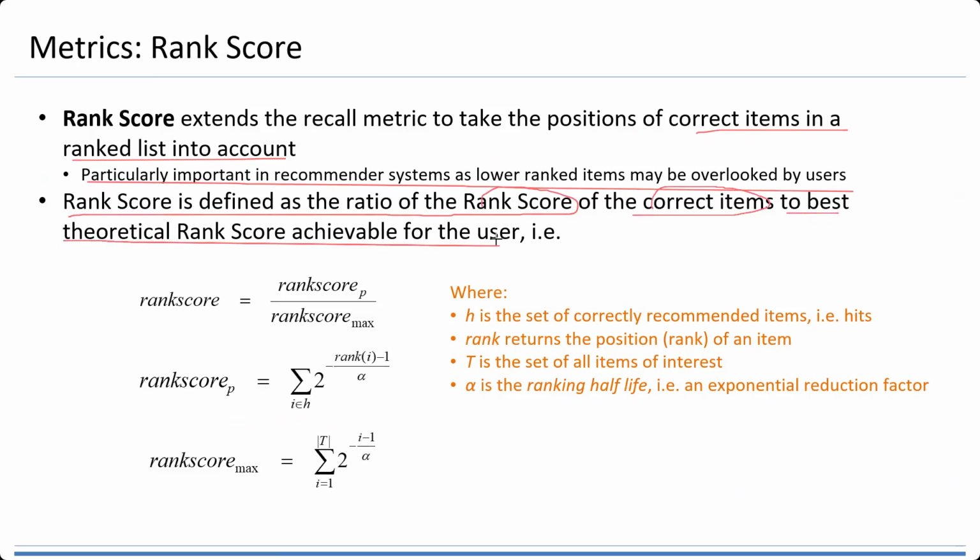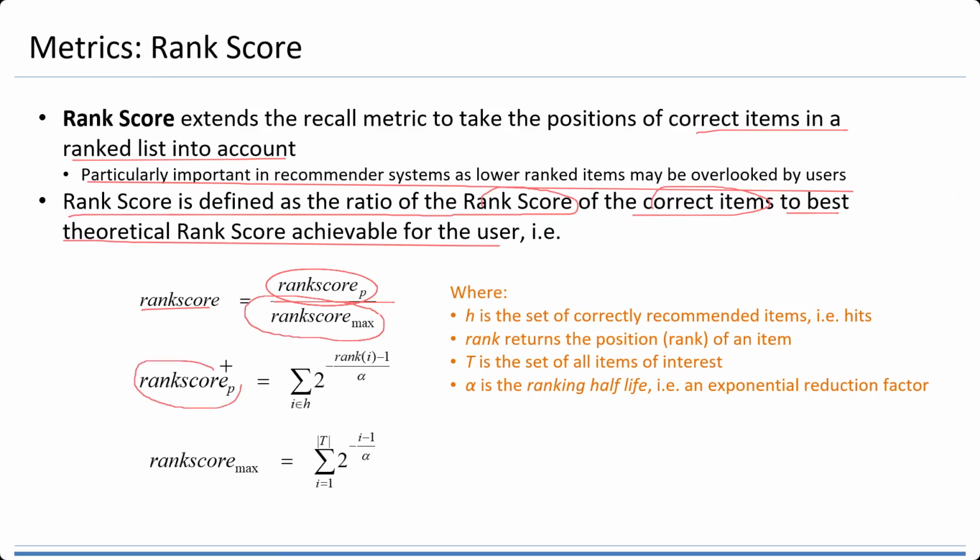Maybe it's difficult to understand, so let's look at this equation. The rank score is the division of the rank score at P by the rank score max.